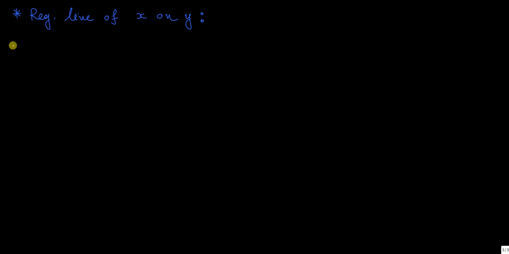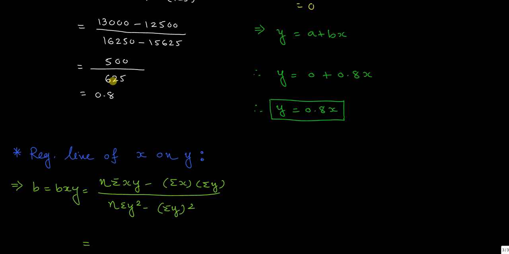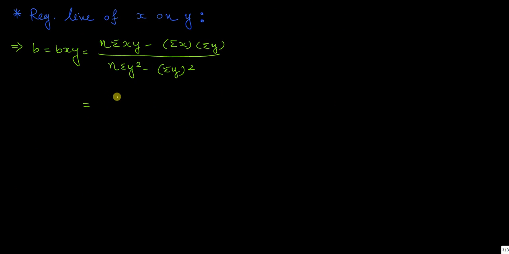Regression line of x on y. First we need b is equals to bxy equal to n sigma xy minus sigma x into sigma y upon n sigma y square minus sigma y whole square. Okay, so numerator we find 500 upon n is equals to 25.